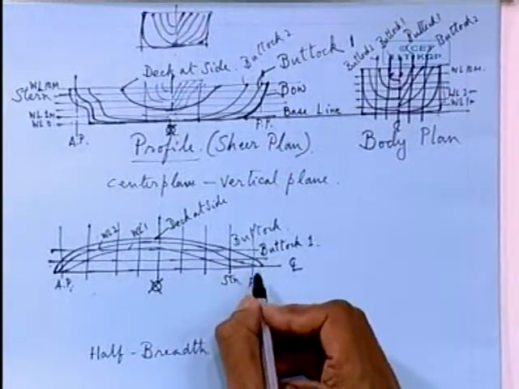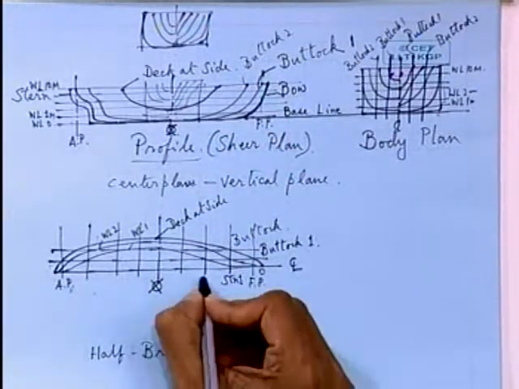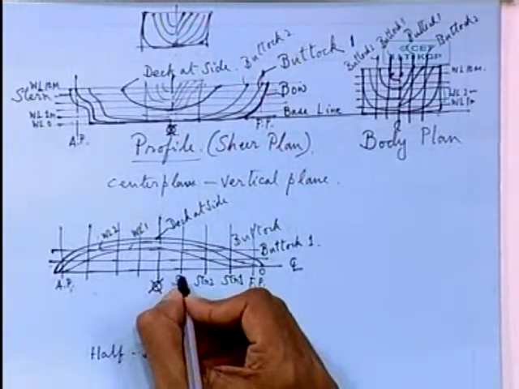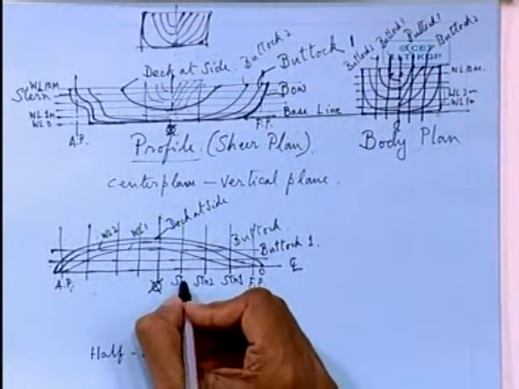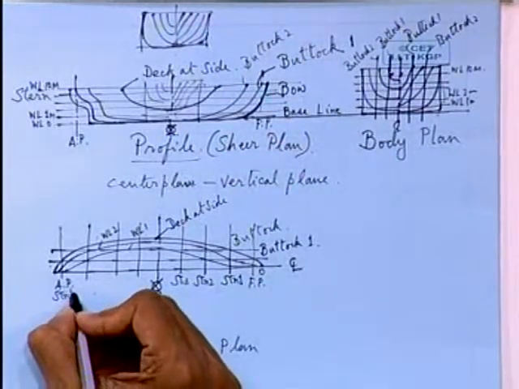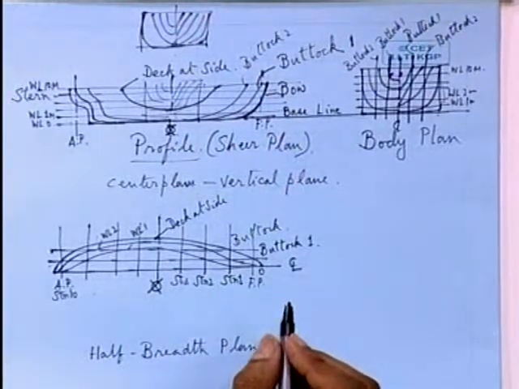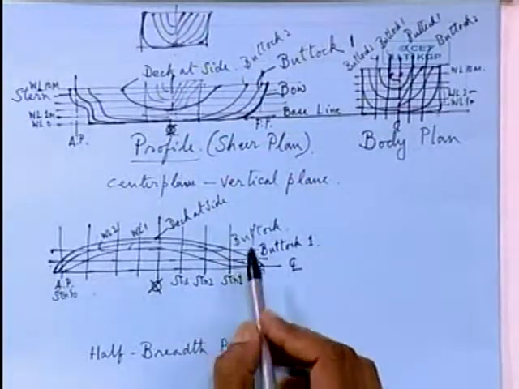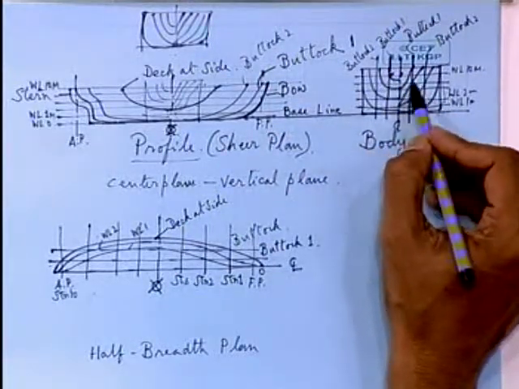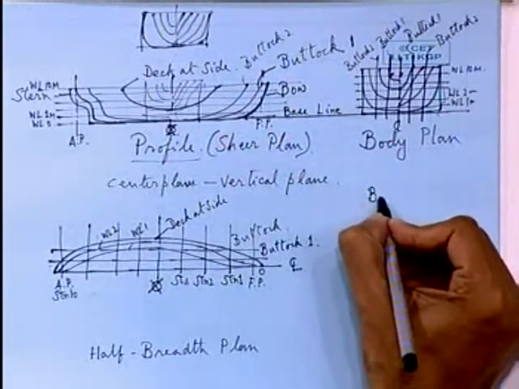Say the forward perpendicular is called station 0. This will be station number 1, then station number 2, like this, I have left out station 3, station 4, etc. So after perpendicular will be station 10 or 20. You make 10 divisions, it will be station 10, and forward perpendicular is station 0. Now the intersections of the hull form at these stations are marked on the body plan. These outlines that you see are called body plan stations.